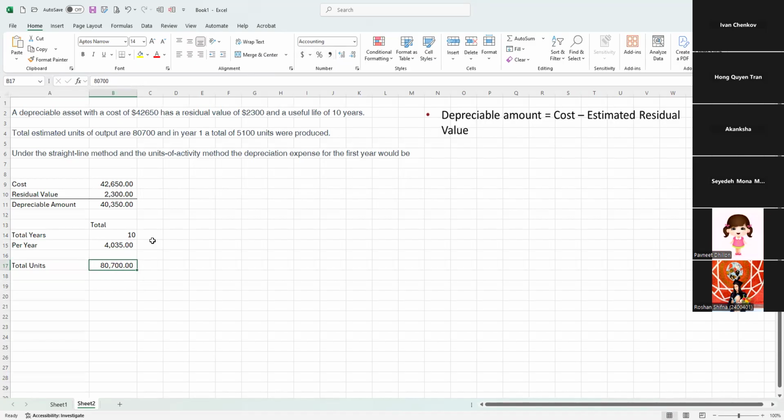That's the number of units that we can produce. Now the question is how much is it per unit? The 40,350 divided by the number of total units. So that will magically be 50 cents per unit, which is exactly a round number.